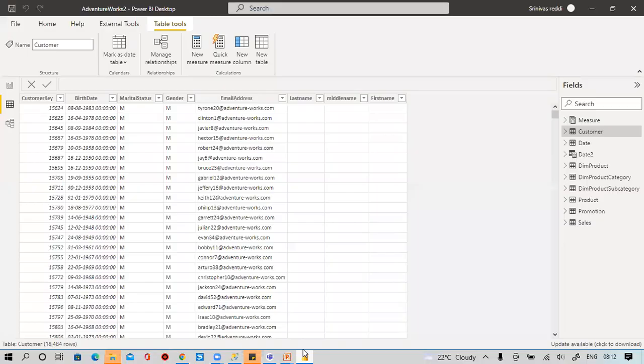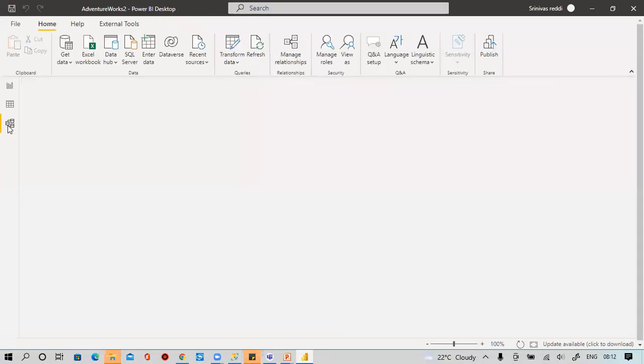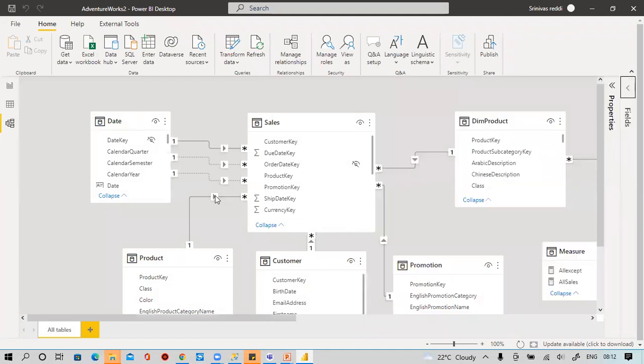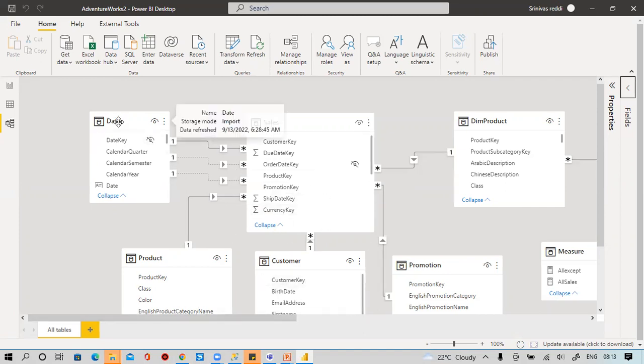This is what I was talking about. Don't worry about this picture; we will be going through the same kind of picture. A few minutes back I opened this report for another purpose, so I thought it is useful to show it. See, this is the role playing dimension.